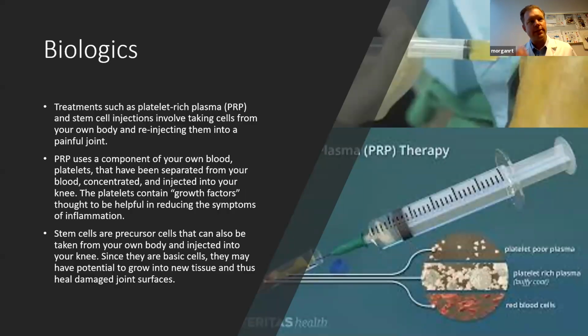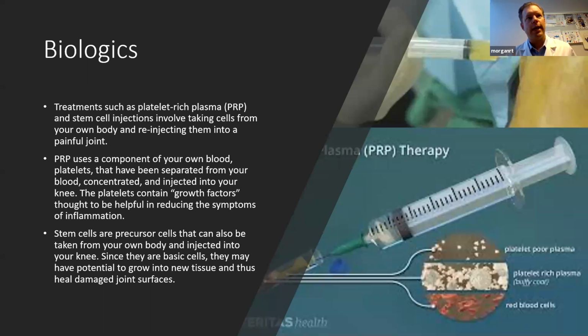So biologics, such as platelet-rich plasma or PRP, and stem cell injections involve taking cells from your own body and re-injecting them into the painful joint. So these cells are not manipulated, they're just taken from your blood, concentrated in a centrifuge, which is a spinning machine, to separate out the red blood cells from the plasma and the platelets.